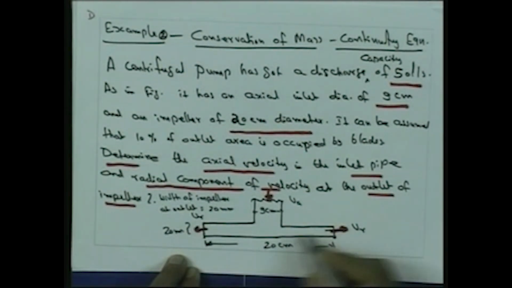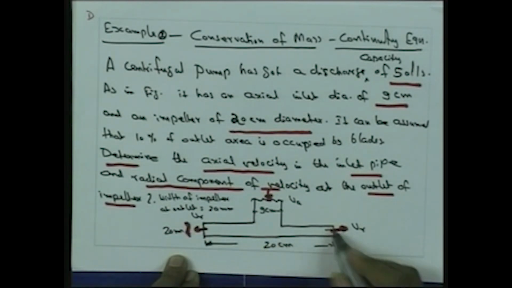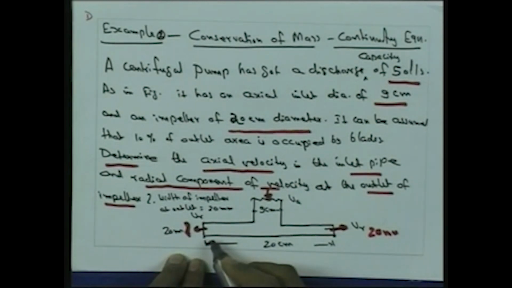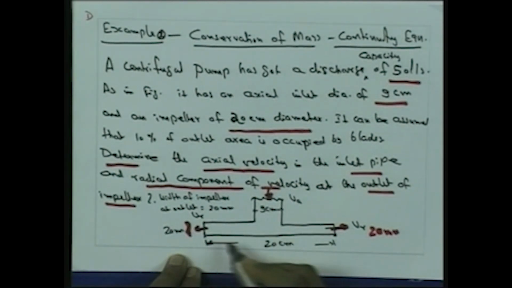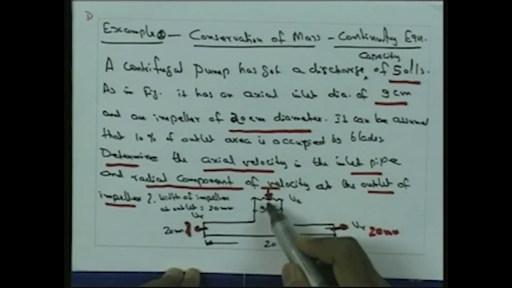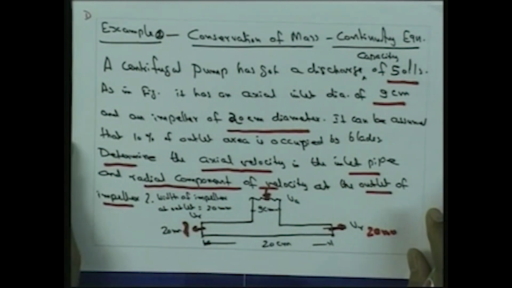Here the diameter is given as 20 millimeter, and here also 20 millimeter, and the impeller total diameter is given as 20 centimeters. We want to find the axial velocity entering through the inlet pipe and also the radial component of the velocity at the outlet of the impeller. So this is the problem which we are discussing here.